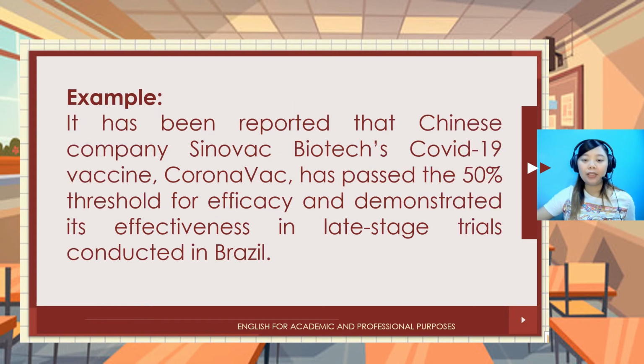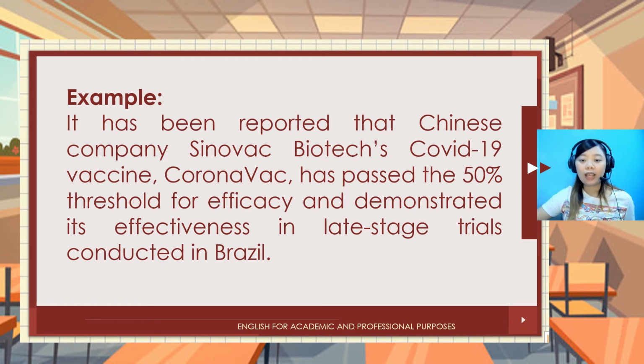For example, "It has been reported that Chinese company Sinovac Biotech's COVID-19 vaccine, CoronaVac, has passed the 50% threshold for efficacy and demonstrated its effectiveness in late-stage trials conducted in Brazil." So this sentence is actually an example of objectivity. Why? First, it has the "it" construction, for "it has been reported."